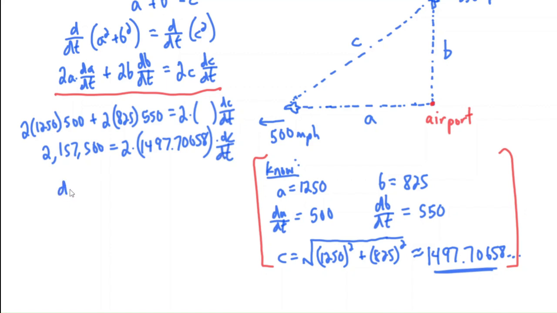And if you work this out, dC/dt would equal this divided by this, and that ends up being approximately 720.3. Now, what does that mean? That's 720.3 miles per hour. That's how fast the planes are moving relative to each other. That's how fast this C is increasing at 2:30 p.m.